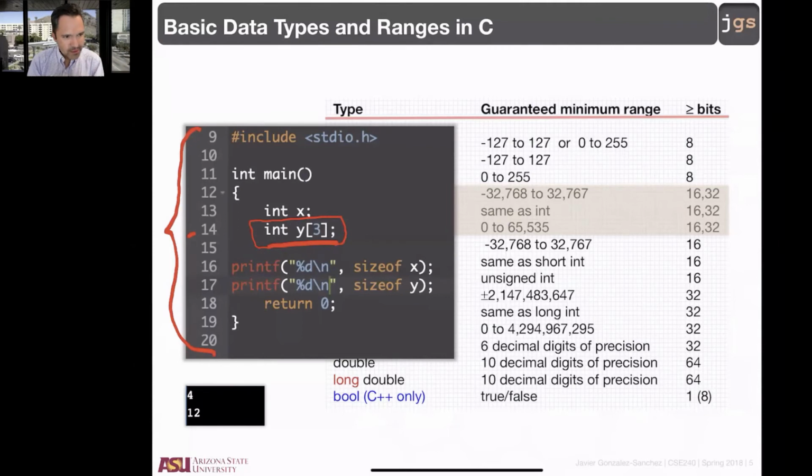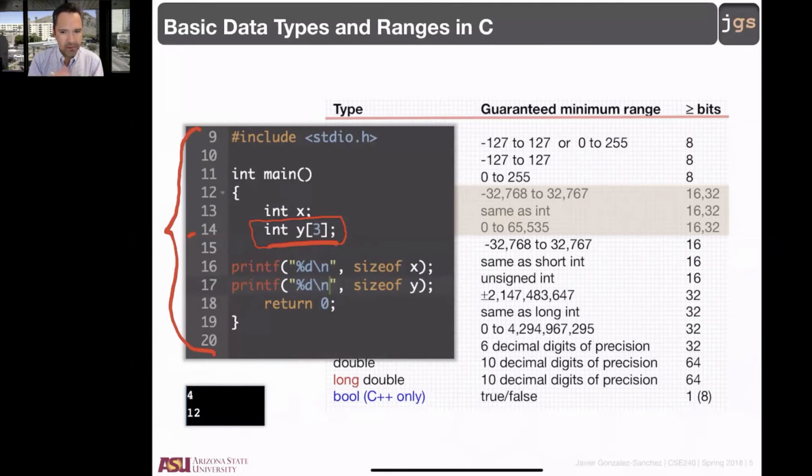Good news, in C, we do not need the new to create an array. That is an array, period. That is the only thing that I need to create an array. That one, the line 14, is an array. Y with, as you mentioned, 3 elements. Each element is an integer. That's it. If you compare Java with C, small.